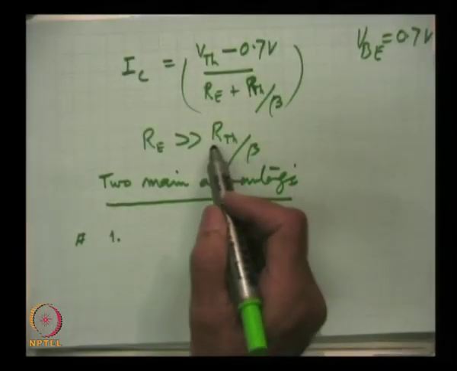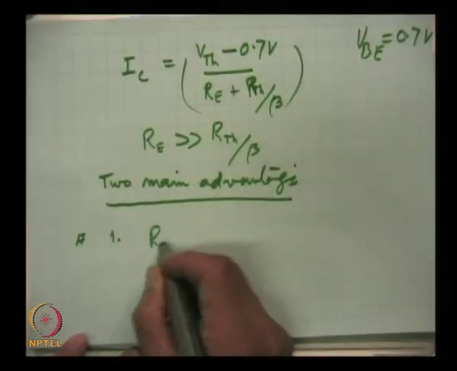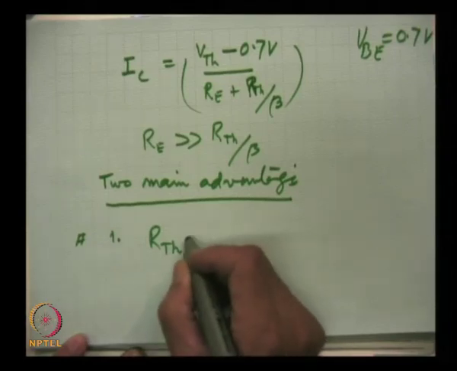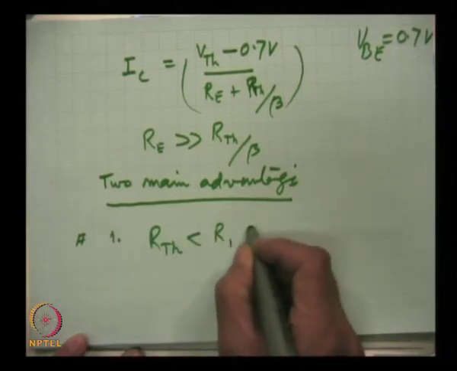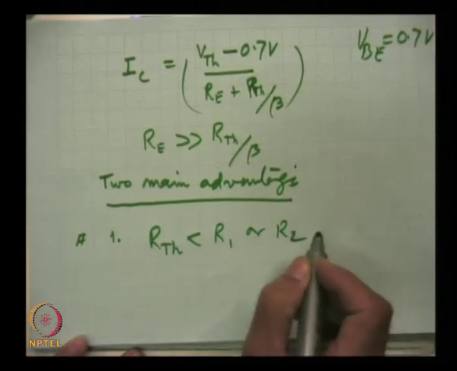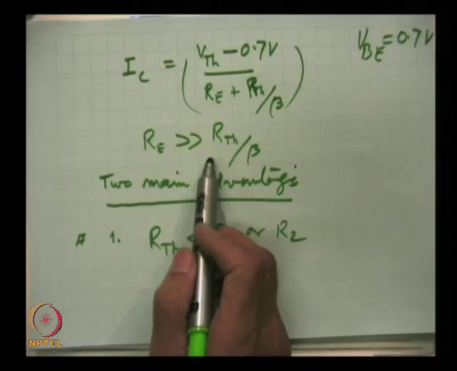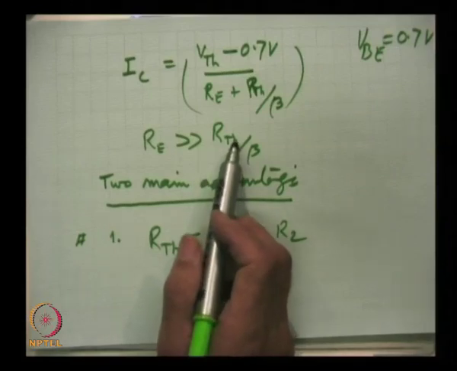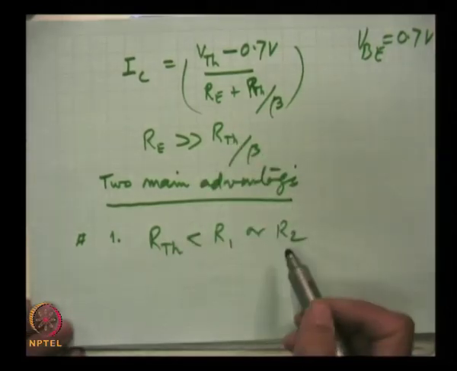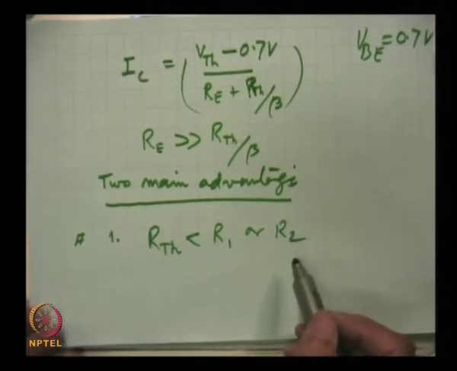So, RTH, the Thevenized equivalent resistance, is less than R1 or R2, and hence when this is low, this condition can be better satisfied, and so this amounts to better stability.